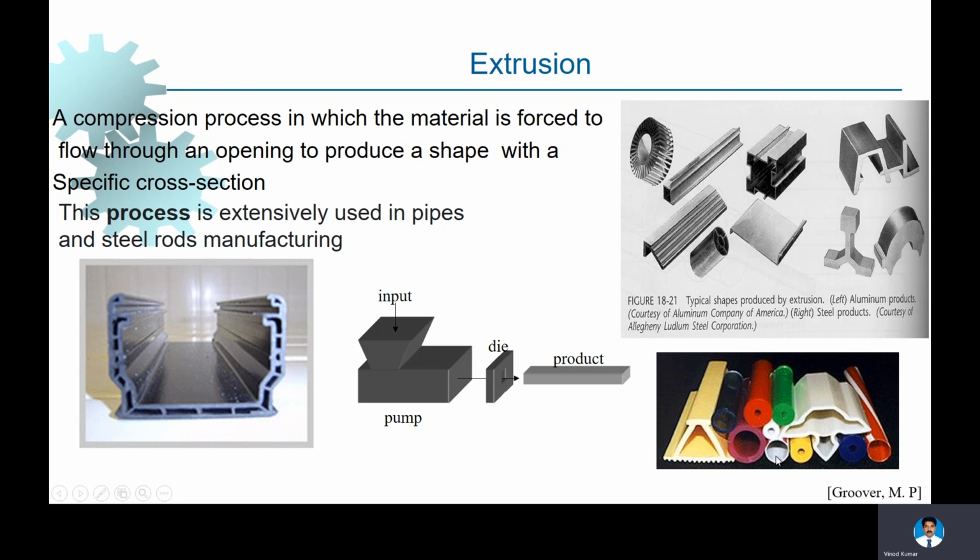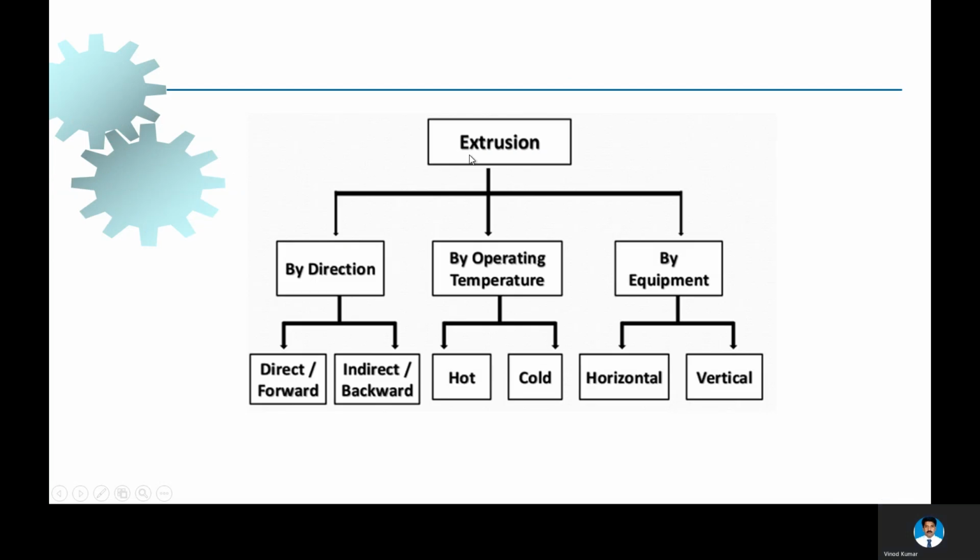Rods, hollow tubes, steel rods, then structural elements, and many parts can be produced, like heat exchanger fins, casings, etc. So it's a compression process in which metal is forced to flow through an opening to produce a shape with a specific cross section. This process is extensively used for pipes and steel rods, and the input material is forced through the die opening to produce the product.